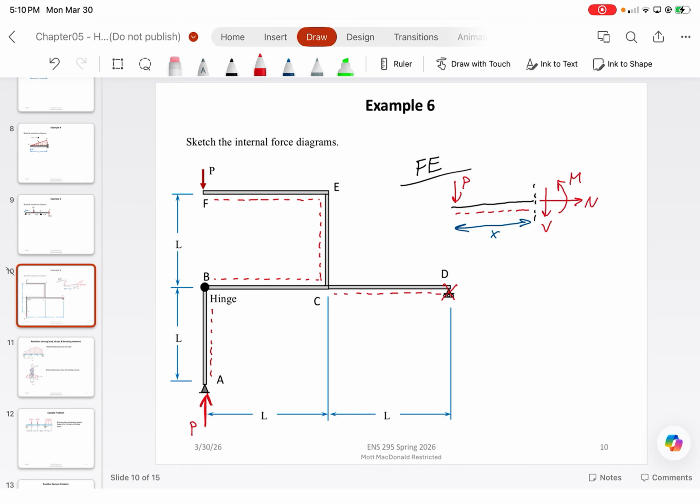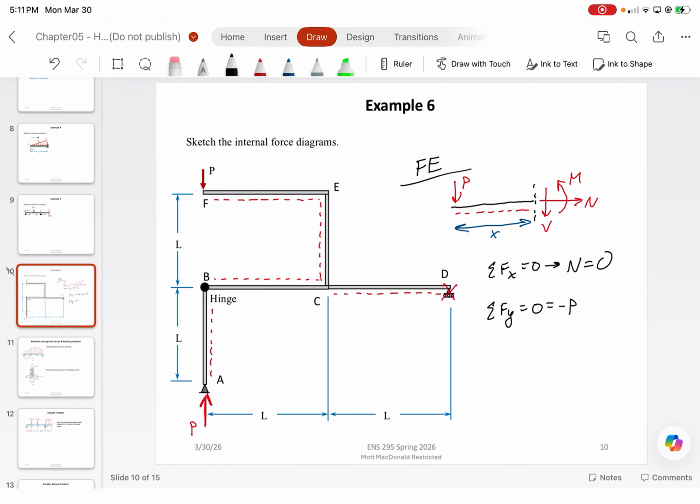From forces in the y direction, however, we get negative P minus V equals 0, which indicates that the shear force in member FE has to equal negative P. And then lastly, from sum of the moments about the cut, set that equal to 0, M minus P times X, and we get that a bending moment of Px is obtained.